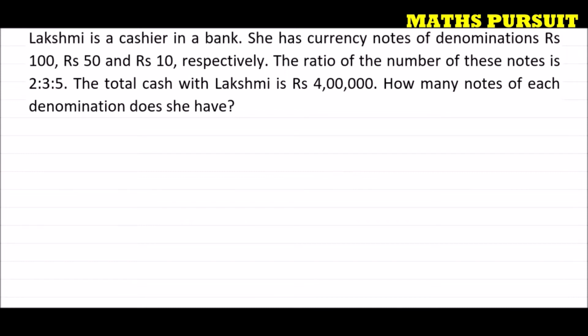The total cash with Lakshmi is rupees 4 lakh. How many notes of each denomination does she have? The question is asking us to find out the number of notes that Lakshmi is having.